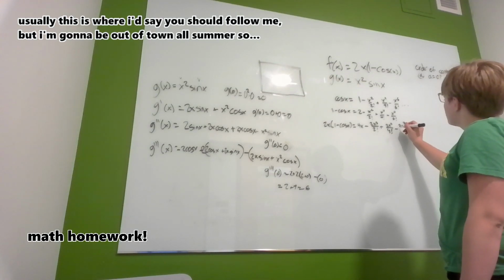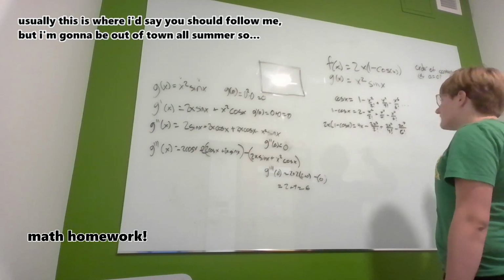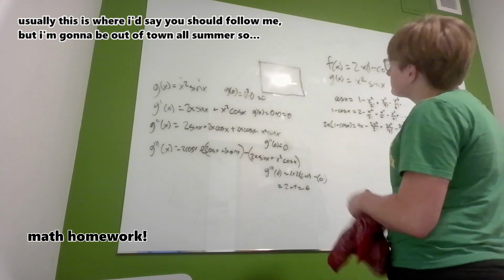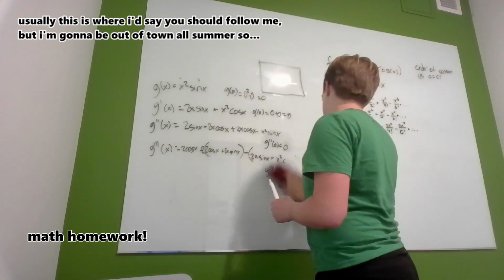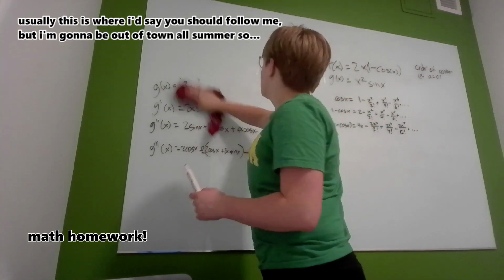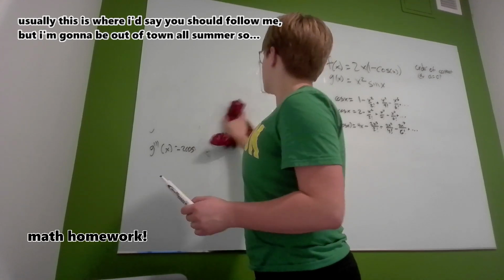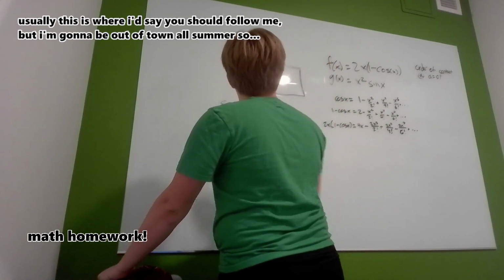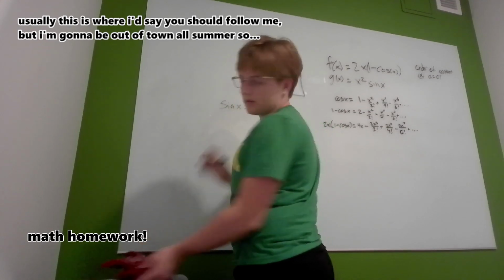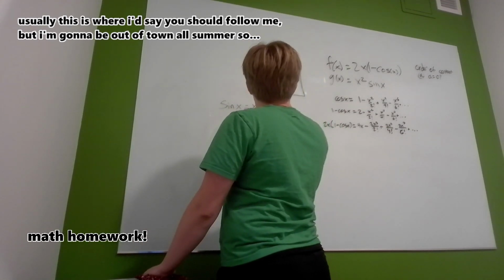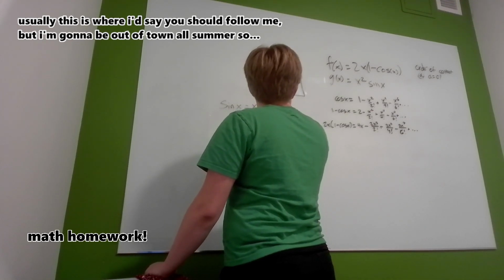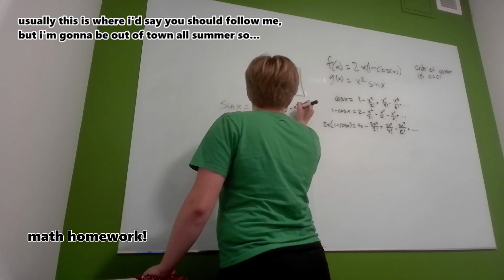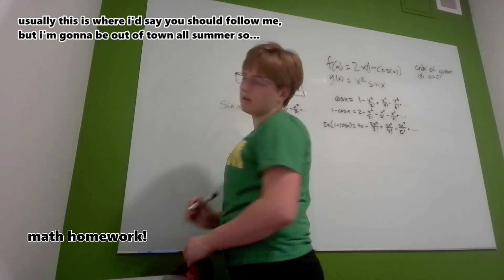2x to the 7 over 6 factorial. So then we have sine x, which equals x minus x cubed over 3 factorial plus x to the 5th over 5 factorial minus x to the 7th over 7 factorial plus that.